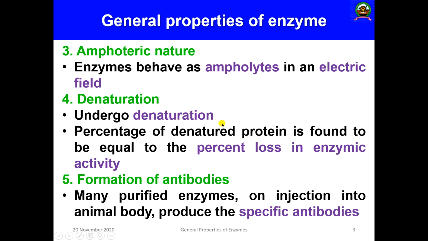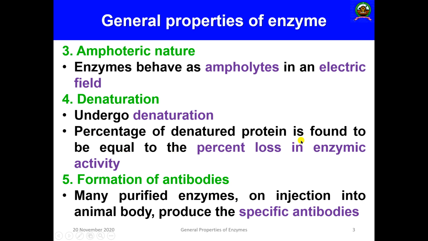Then the hydrogen bonds or weak interactions are broken and the enzyme loses its function, and that is why it is known as denaturation. It is also caused by denaturing chemicals, which destroy the three-dimensional structure and thereby destroy the activity of the enzymes.